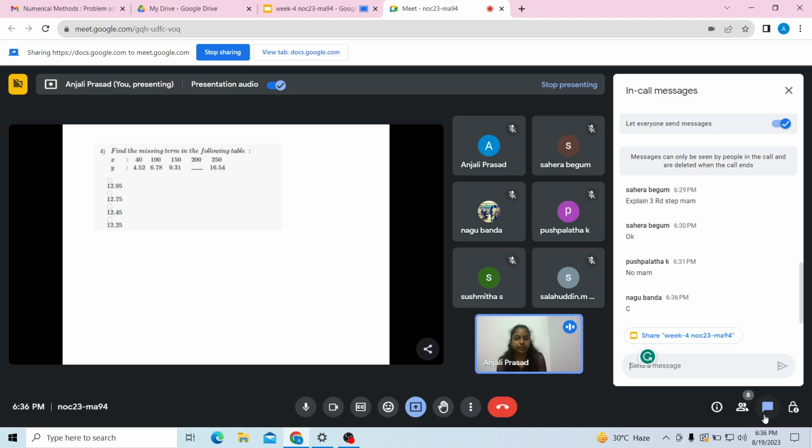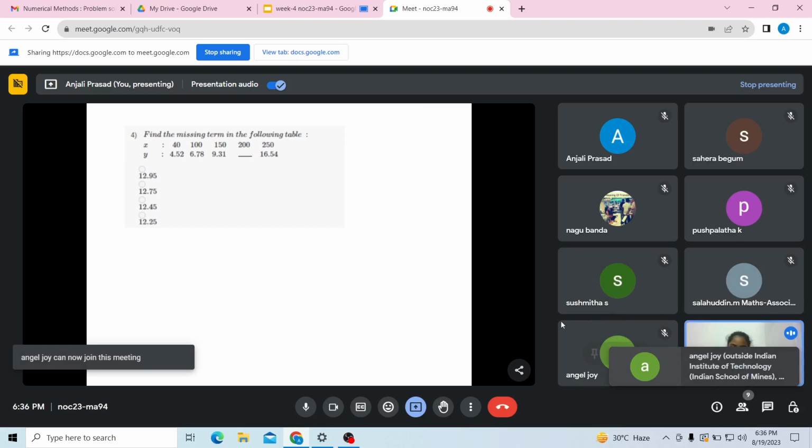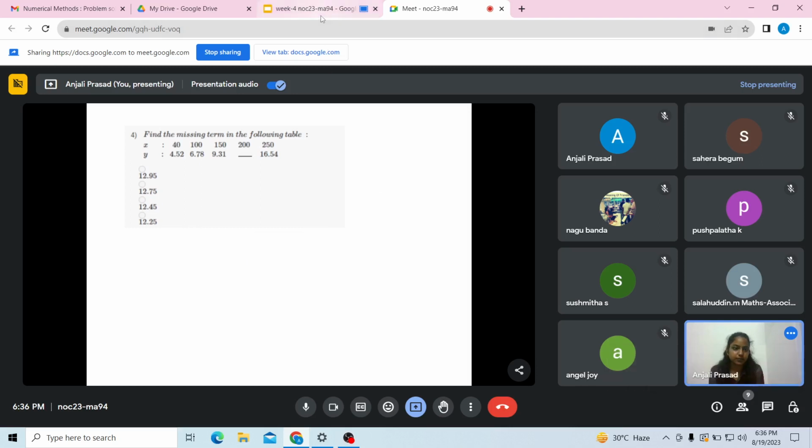Are you getting it as C? Is everyone getting C? Have you tried it with the shift operator or any difference operator?